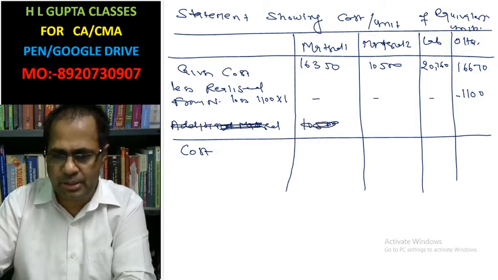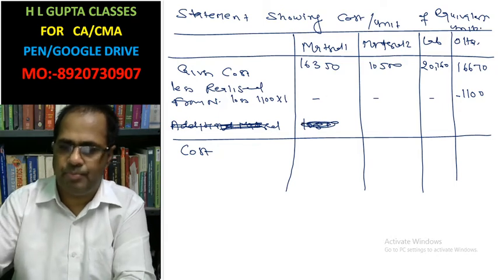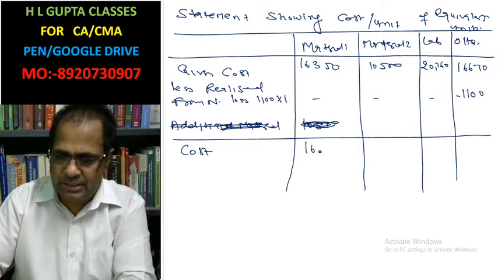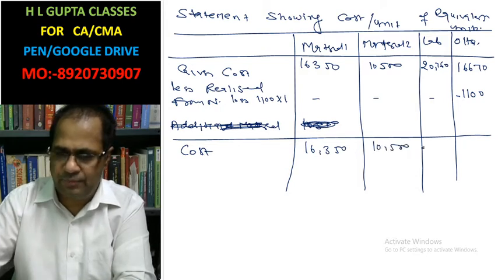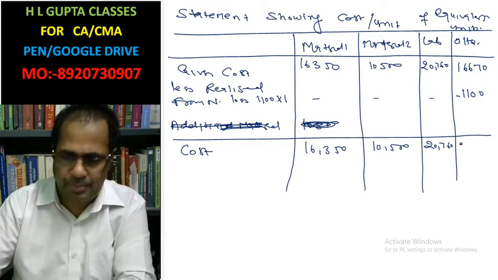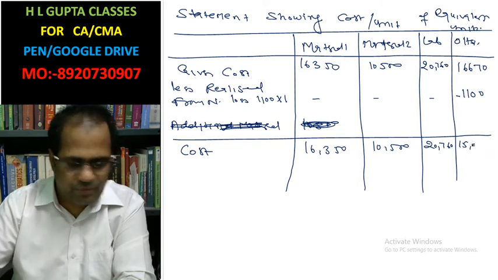This additional material is already written in material second. 16,350, 10,500, 20,760. After subtracting this, you will get 15,570.